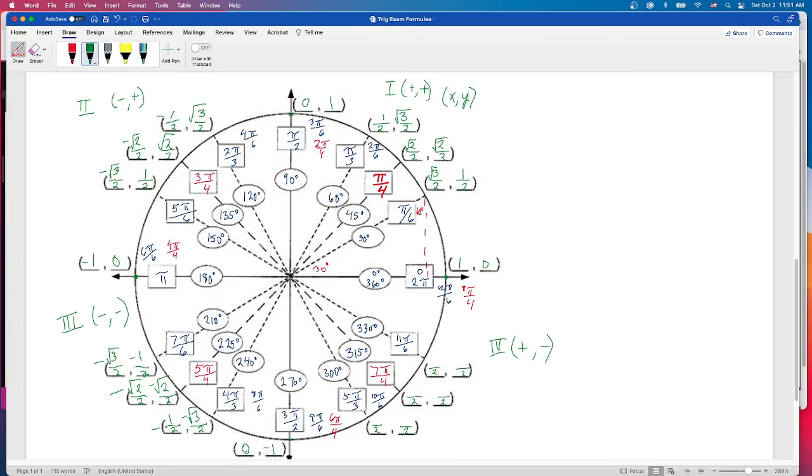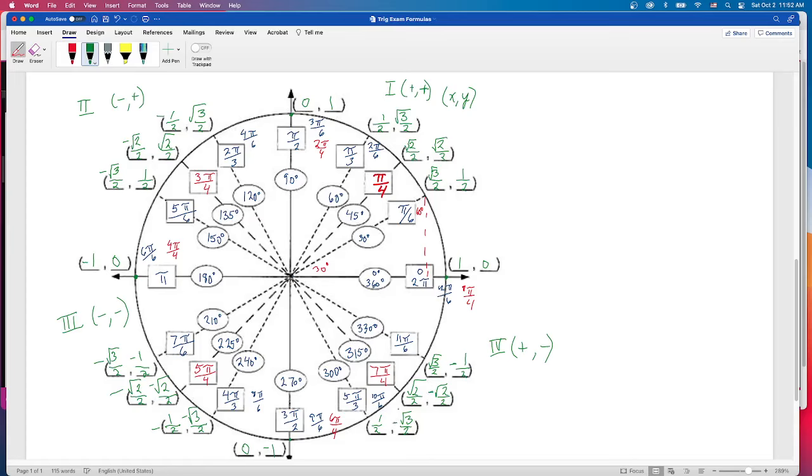And then we're going to count from 0 up to 1, so that's a 1, 2, 3, and we square root it, square root it, square root it, but don't write it. Negative 1 to 2 in the y direction, so that's going from larger down to smaller. 3, 2, 1, square root it, square root it, square root it, but don't write it. And then y's are negative, so put a negative in front of each of these.